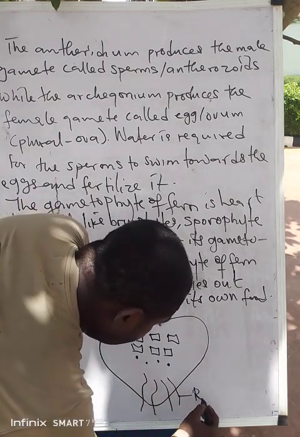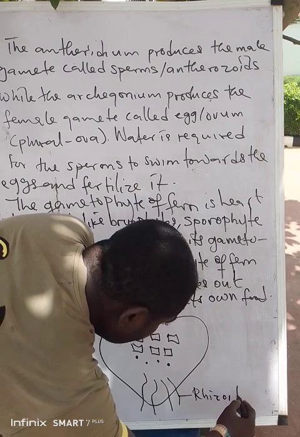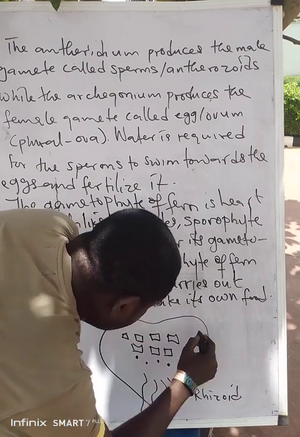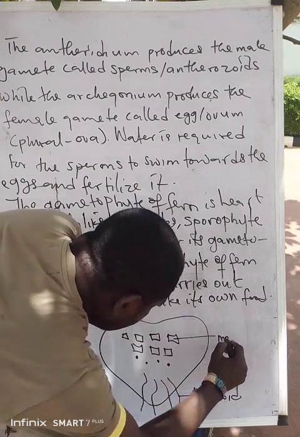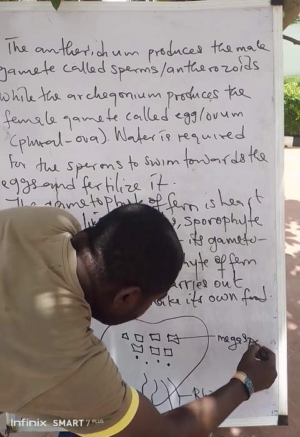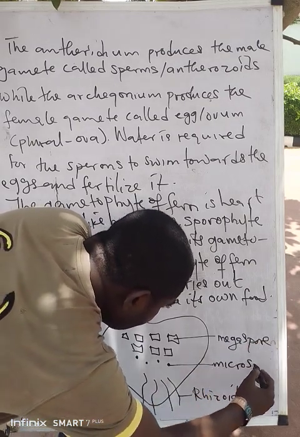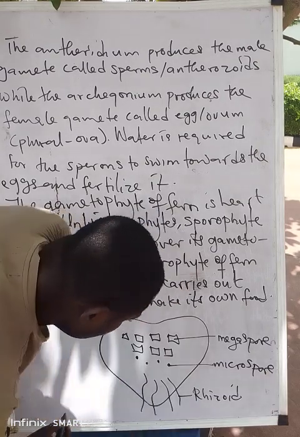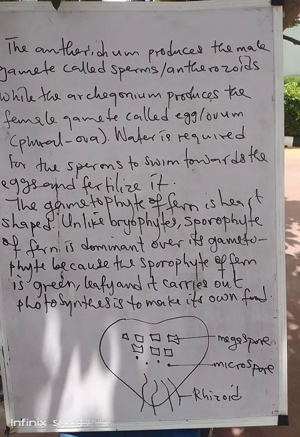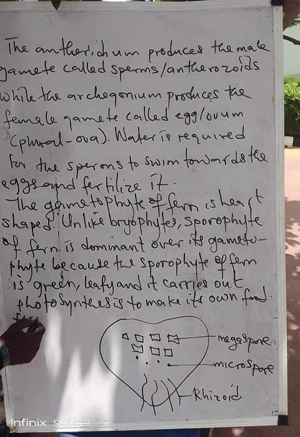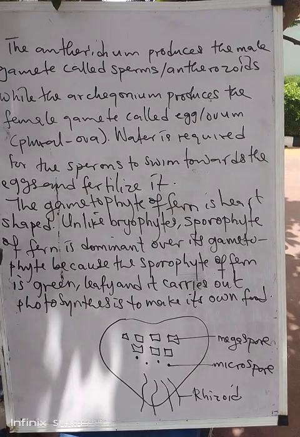These are rhizoid to absorb water from the soil. This is megaspore. And these are microspore. So that's to tell you, where can you find fern? Fern is vascular plant, so it can be established on the ground.